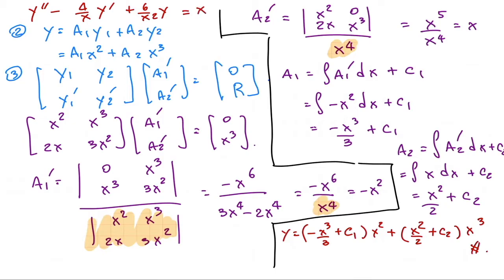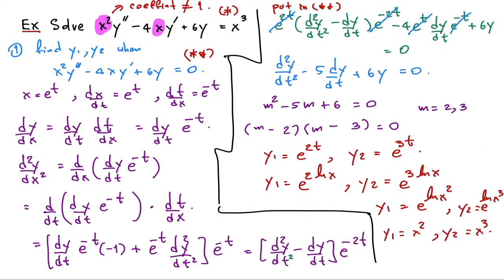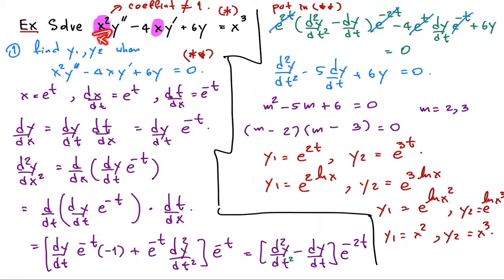See? Basically, you need to divide the whole equation here by x squared, so that the coefficient here is 1.